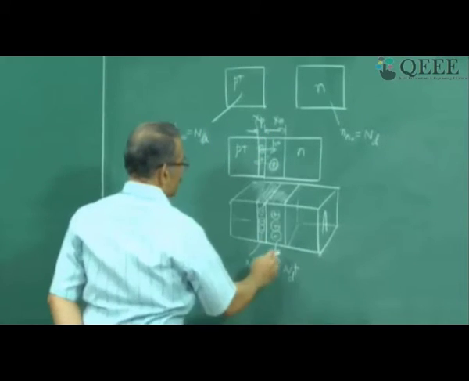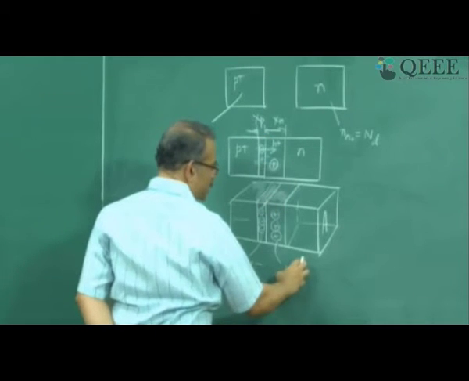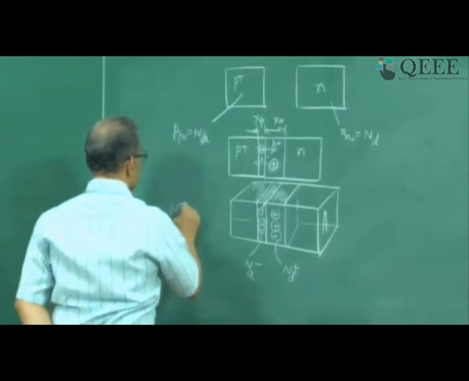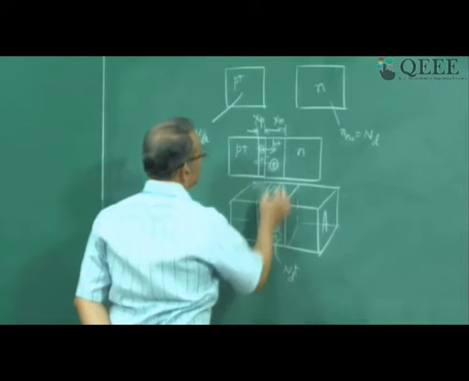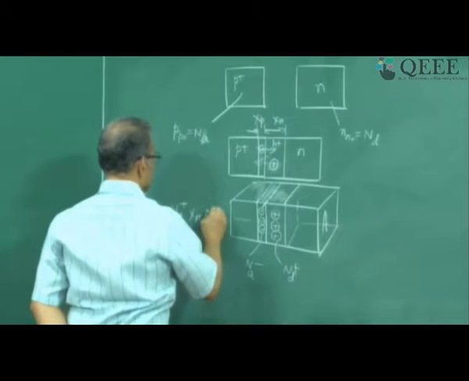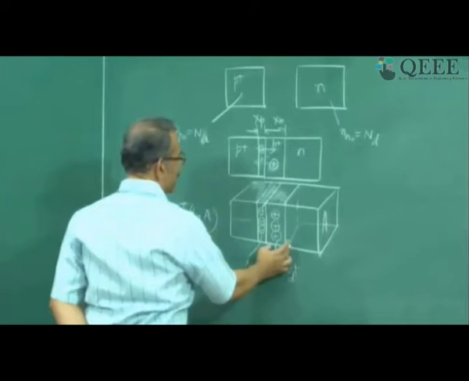So now the charge in this region Xn is given by concentration of charge, that is charge per unit volume, ND plus, into the volume of this region, which is the width, that is Xn, and area, that is A. That is the total charge on the n side.